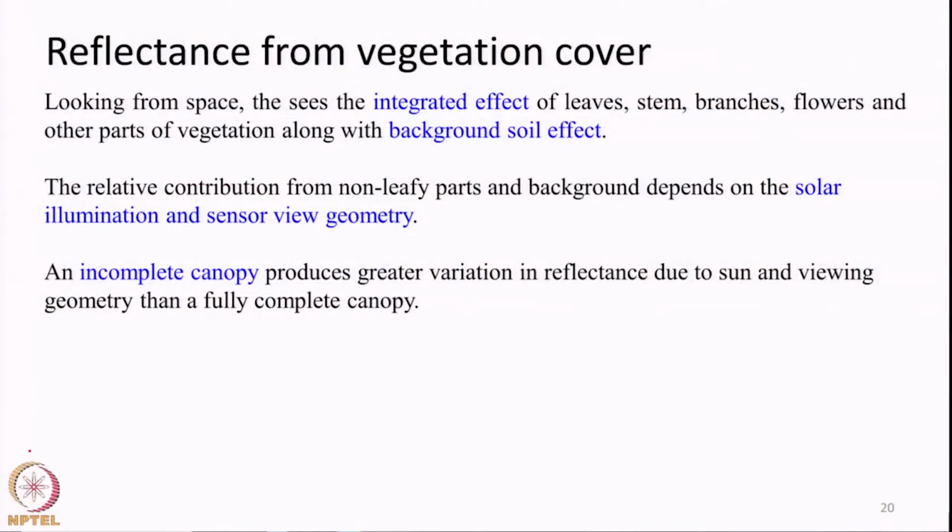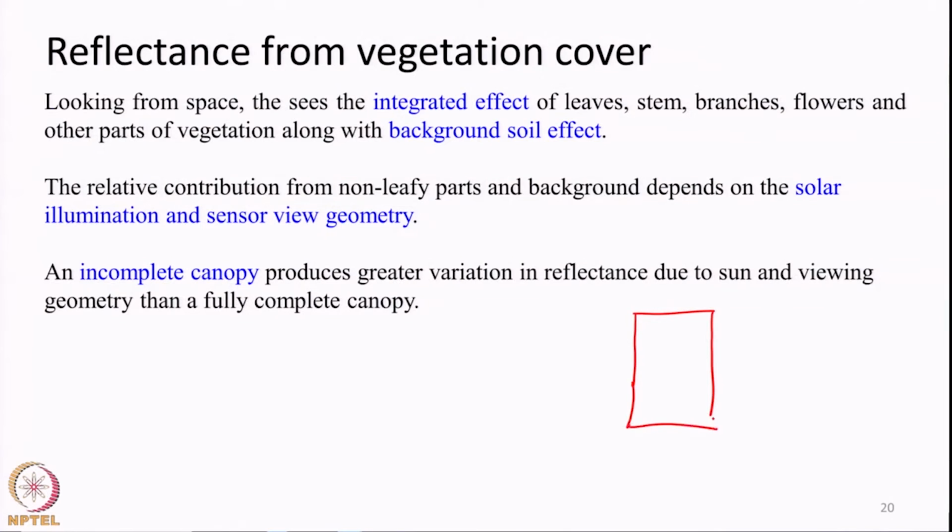This kind of effect, whether a sensor is observing leaf or non-leafy portions, depends on both the illumination geometry and also the viewing geometry. Maybe we will quickly see an example. Let us take an example of a row crop.